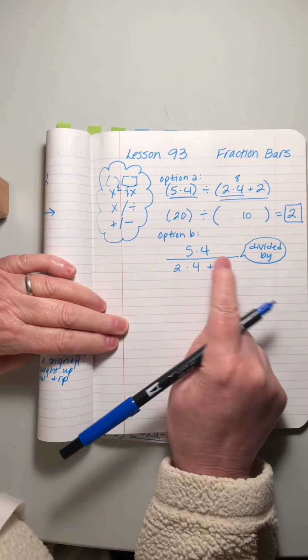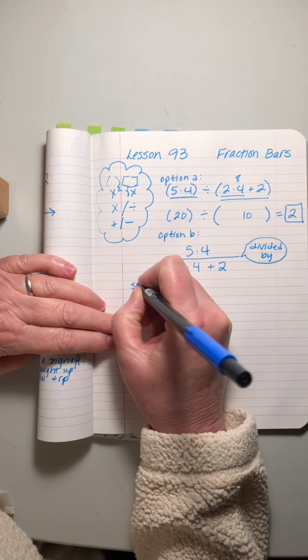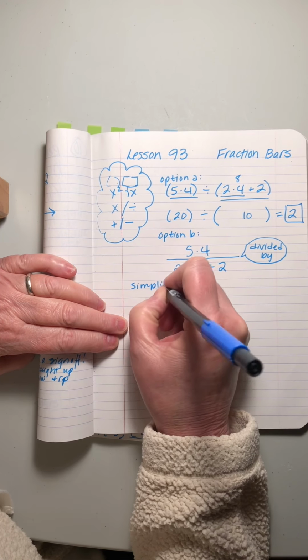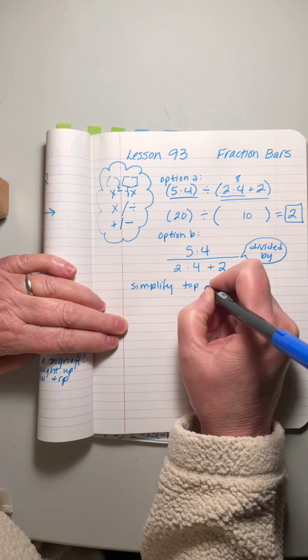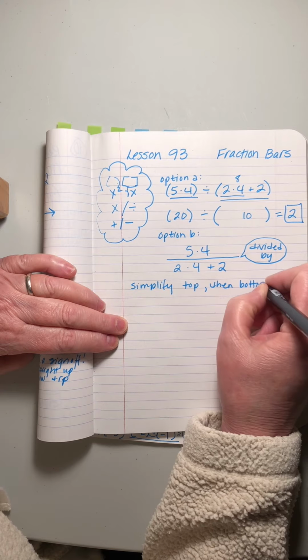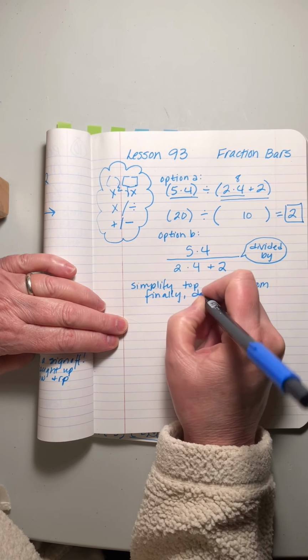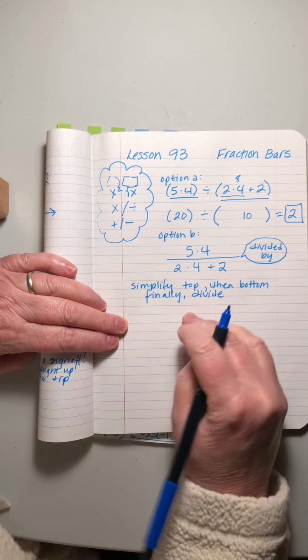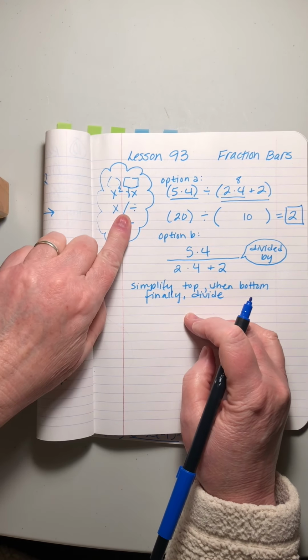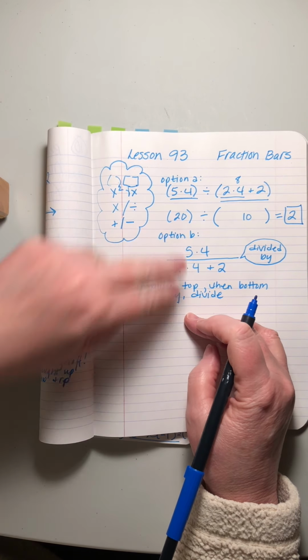And so the way we would do that, again, is we would simplify the top and then the bottom, and finally divide. That doesn't necessarily look like it's following these rules, but that's how we do it.